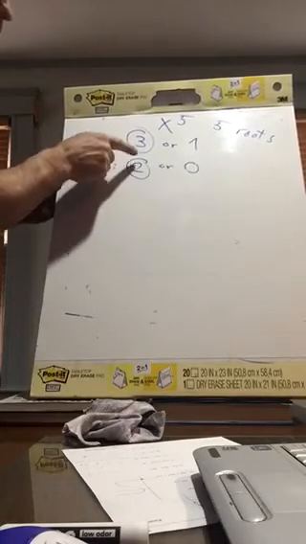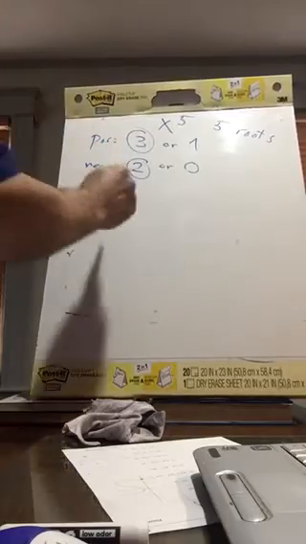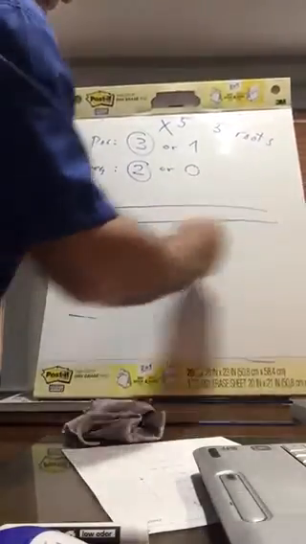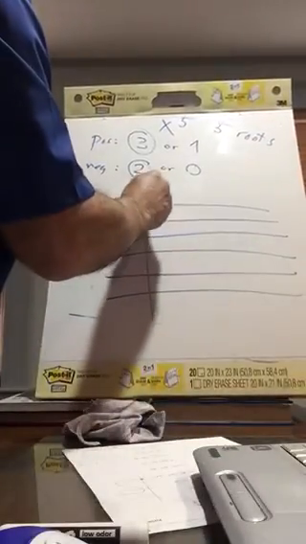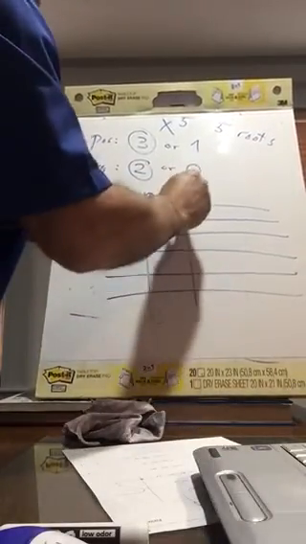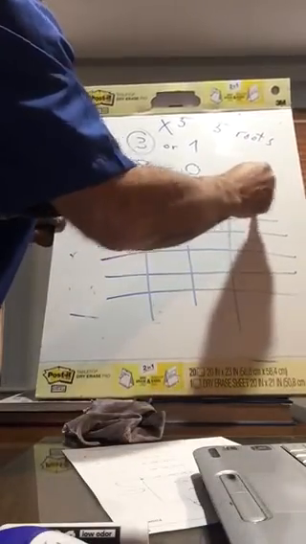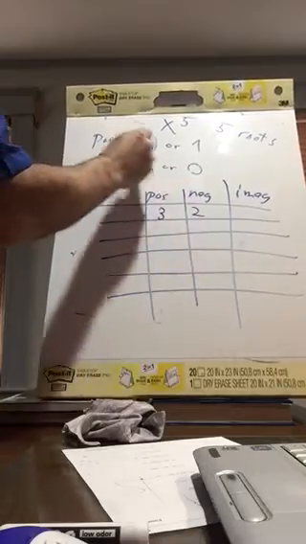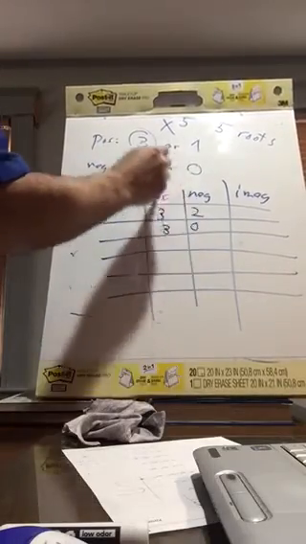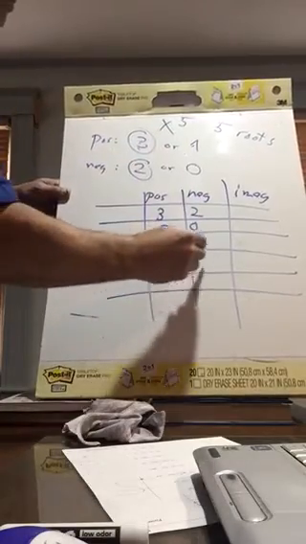It's like making ordered pairs, isn't it? 3, 2, 3, 0, 1, 2, 1, 0. So let's make a big chart. So here we go. 3 with 2, 3 with 0, 1 with 2, 1 with 0.